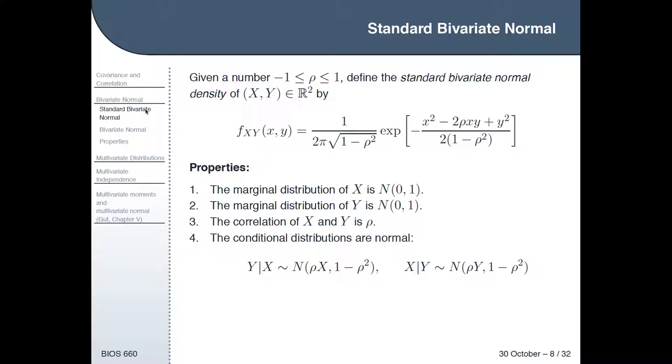That involves change of variables and integrals and things. But if you calculate it out, you end up with a normal with mean rho times x and variance 1 minus rho squared. Likewise for the conditional distribution of x given y.